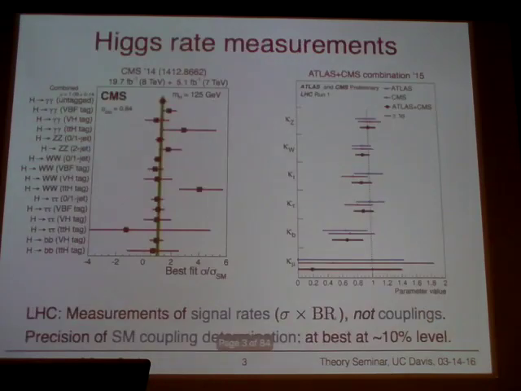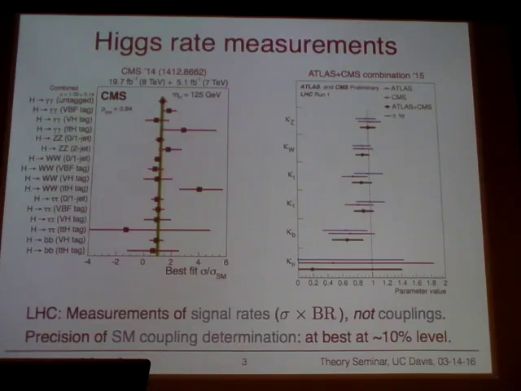So let's have a closer look at what the LHC actually measures. This is a plot which contains all the different rate measurements by CMS in all the different decay modes, and also with specific tags to identify the production channels.